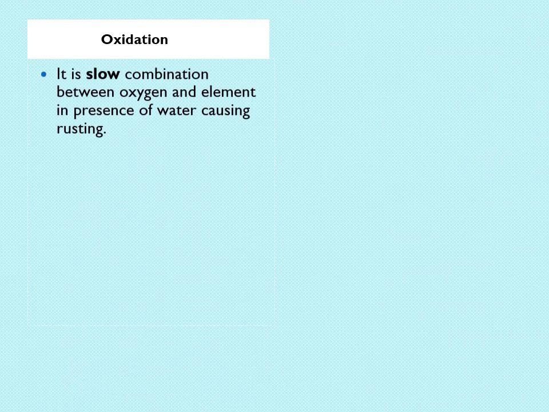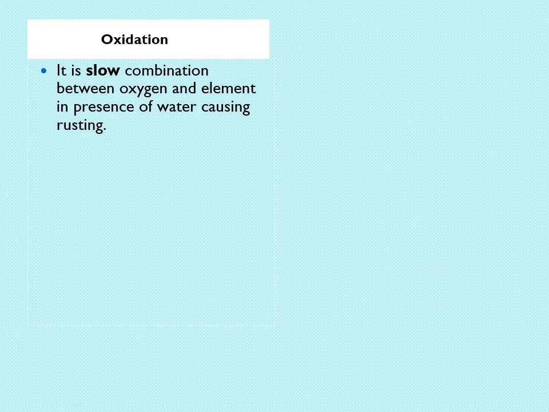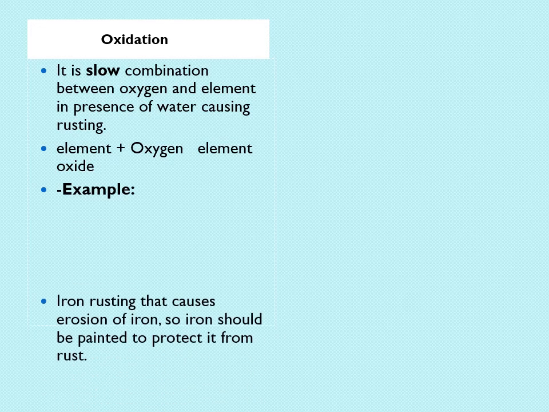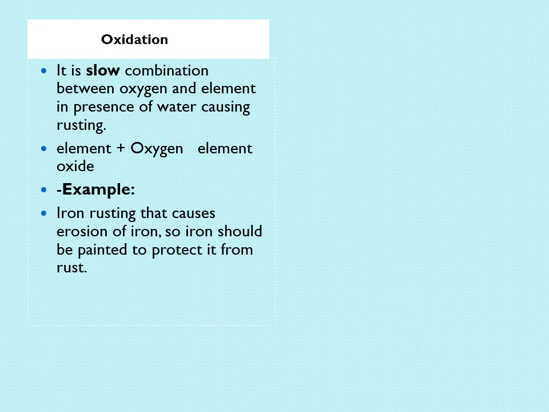Oxidation. What is meant by oxidation? Oxidation is a slow combination between oxygen and the element in presence of water, causing rusting. Element plus oxygen gives us element oxide. Example, iron rusting that causes erosion of iron.